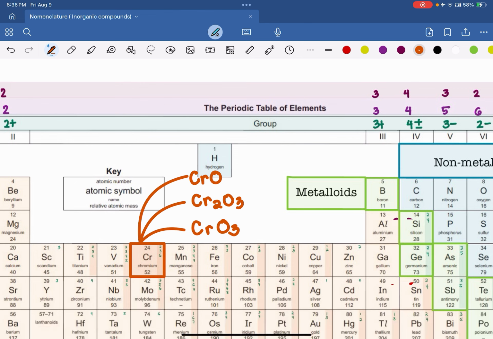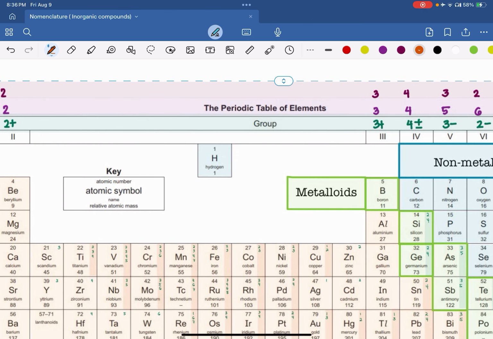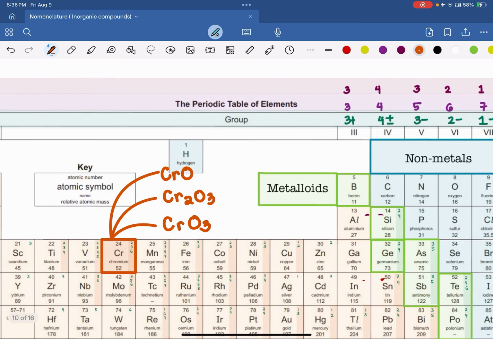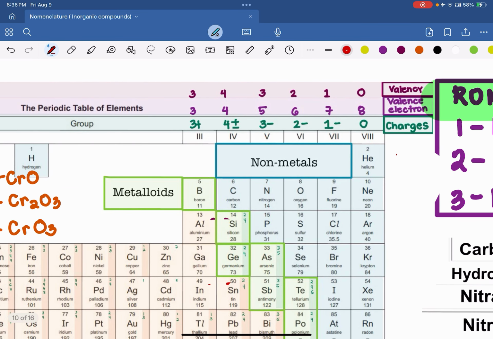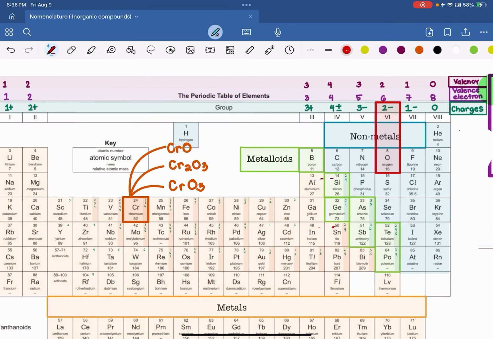The first thing you need to do is to check the element that it is reacting with. In this case, it is reacting with your oxygen, which has a charge of 2 minus. So with that in mind, let's see.